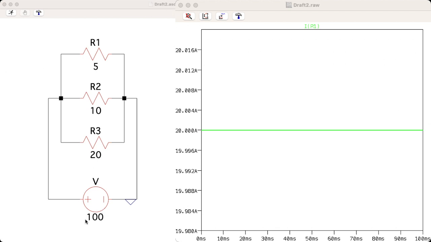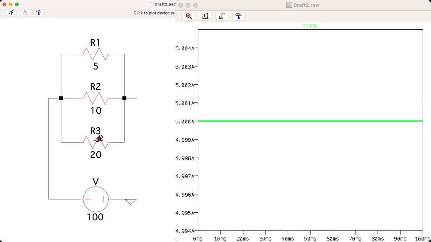And now we have a voltage source with a voltage of 100 volts. So we can see that the current through R1 is 20 amperes. The current through R2 is equal to 10 amperes. And the current through R3 is equal to 5 amperes.